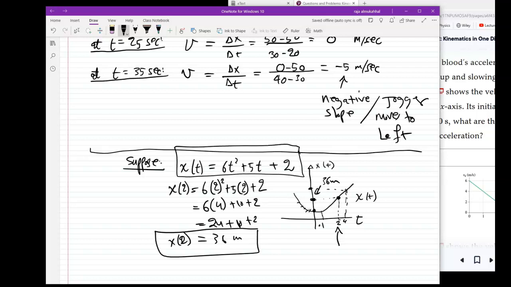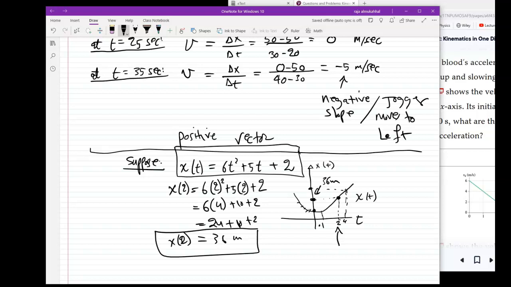A fancier term for it is a position vector, but that's for later. It basically gives you the position of the object at any point in its trajectory. That's the meaning of it.